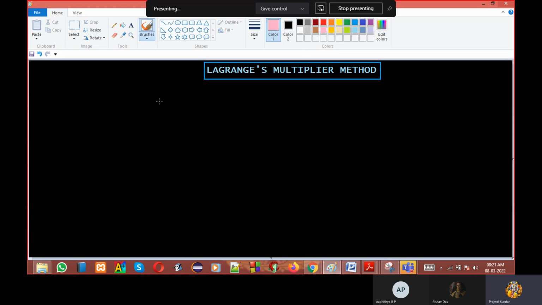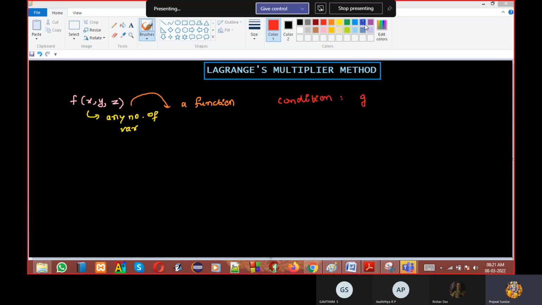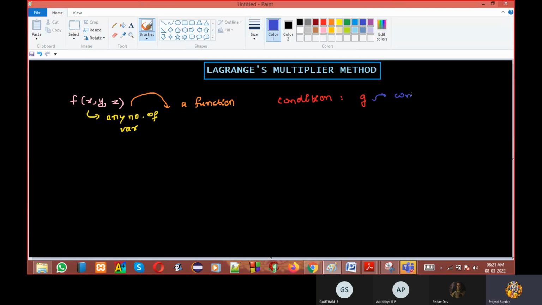What we are doing is they are giving you one function, f of x, y, z or anything, it can be any number of variables. And they're also giving you a condition G which connects all the variables.